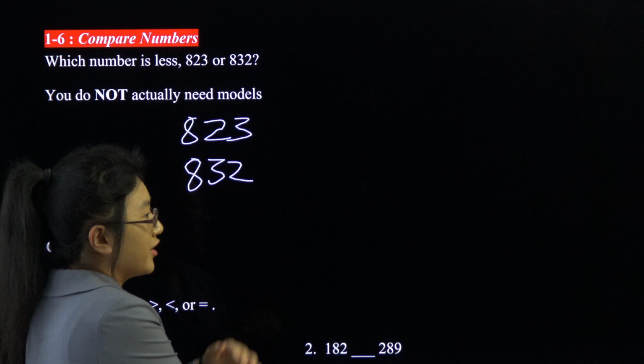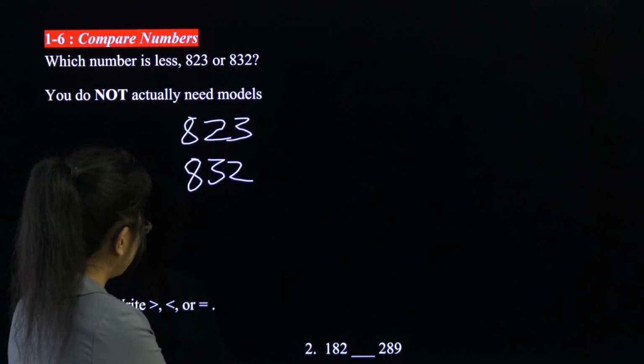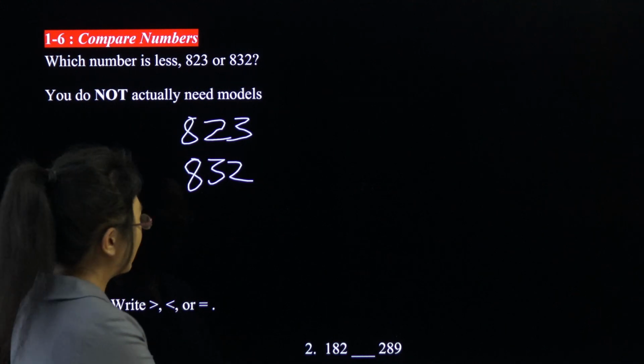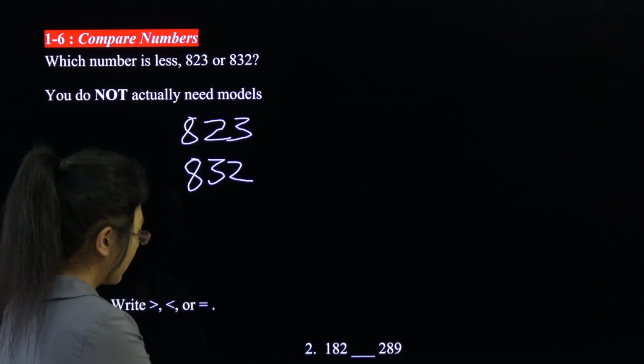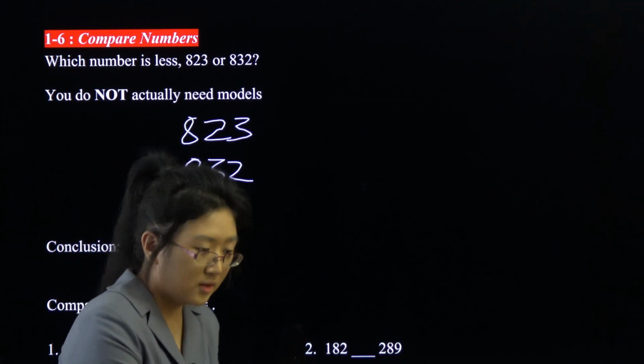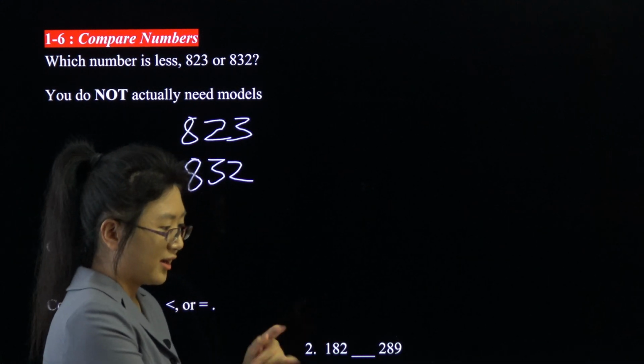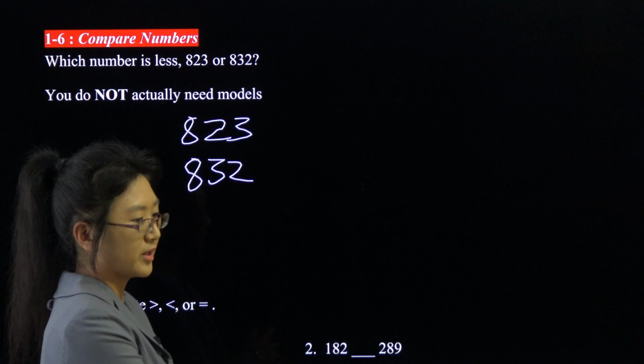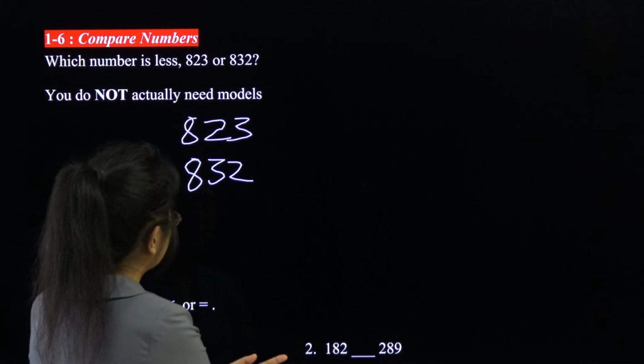So you line them up, and you see which one has the most digits, if they have the same number of digits, and no decimal points, guys. Decimal points kind of mess up the digit rule. Since all of these are whole numbers and you haven't really gotten to decimals yet, you're safe.